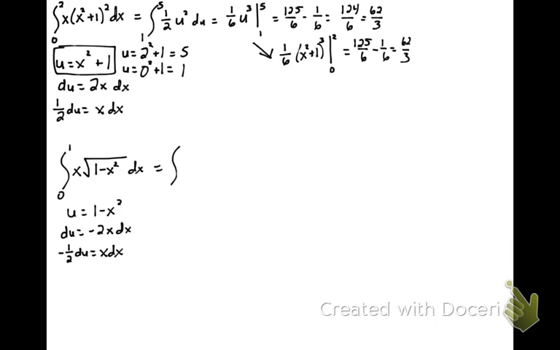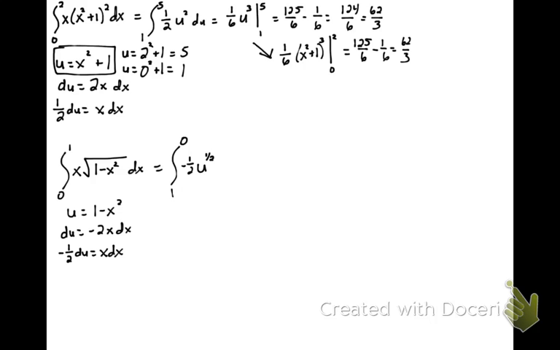This will become u to the 1/2 times negative 1/2. My upper limit of integration, well, when x is 1, u is 0, and my lower limit of integration, when x is 0, u is 1.